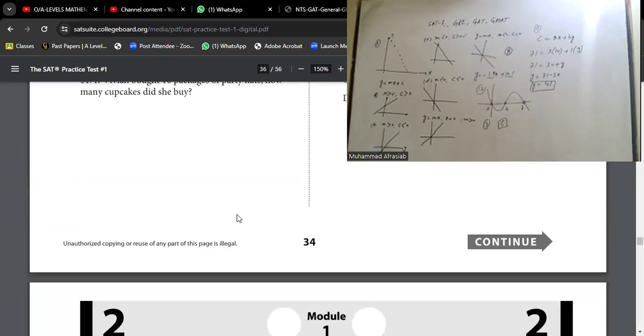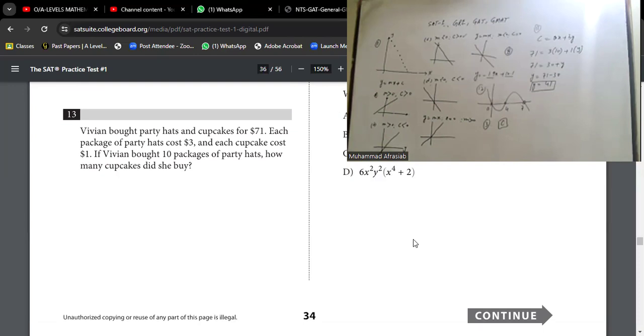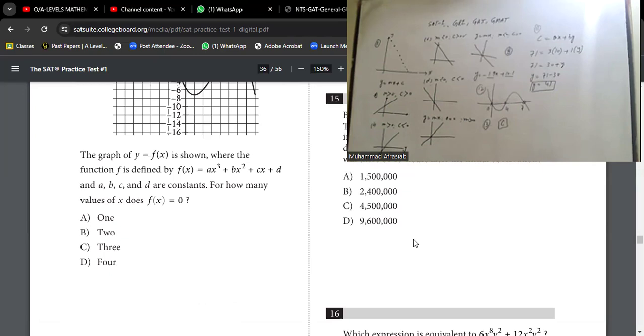Then they are going to solve this question number 14.